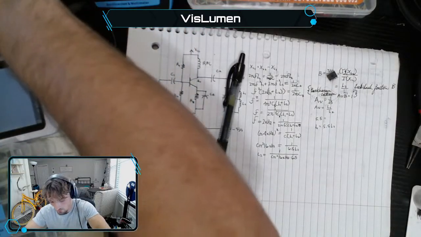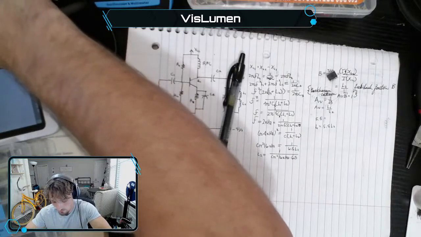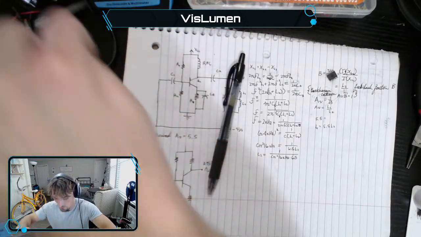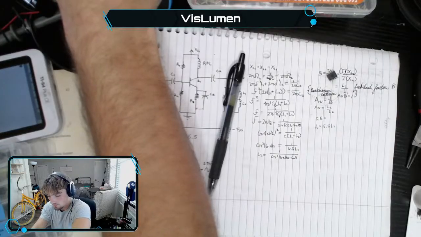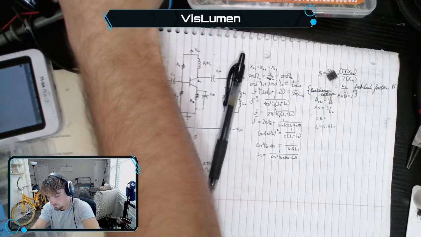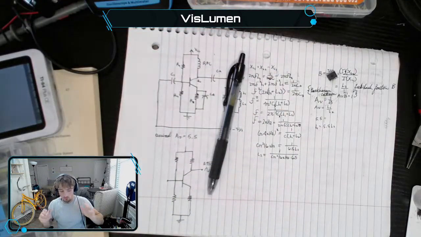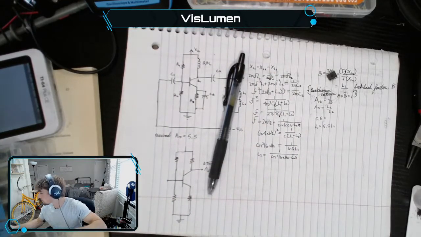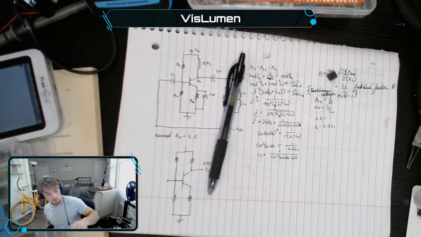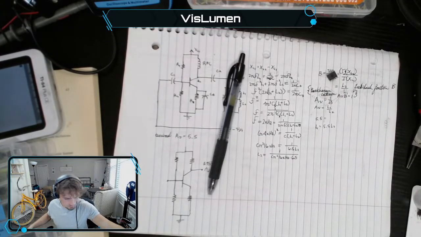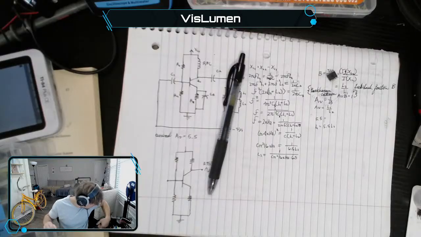Let's see. I want to measure it with this though. Let's measure with the other probes. Here they are. No, they're not. Oh yeah, they're in the case, which is right here.